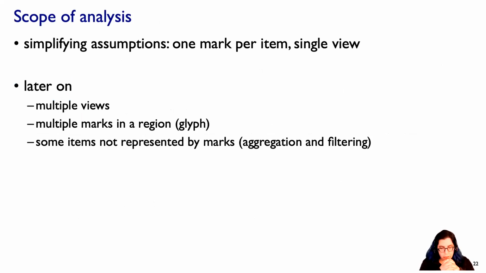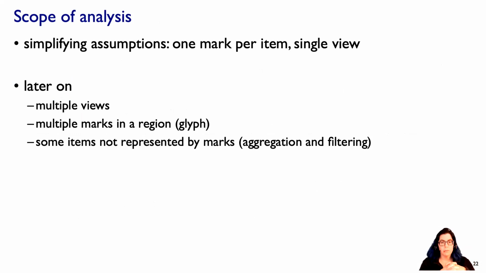Let me just make one final remark before we leave the subject of marks. We're going to come back to more complex things later. So right now, this kind of mark and channel decomposition of a visual encoding is based on the assumption that there is one mark per item and that there's only one single view. Later, we're going to relax these assumptions. We're going to talk about some ways of having multiple marks, of having multiple views.